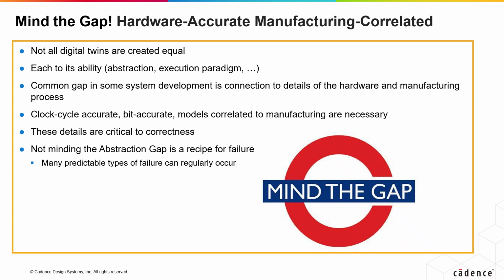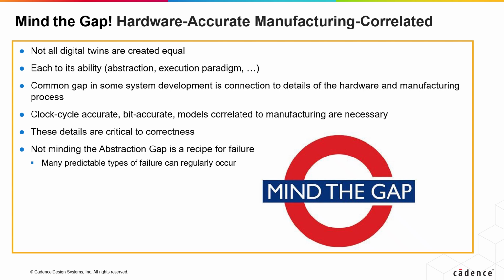Ignoring the abstraction gap between the digital twin and the physical system can lead to predictable types of failure, which can occur regularly. In fact, neglecting the abstraction gap is a recipe for failure. By not accounting for the intricacies of the hardware and manufacturing process, you risk introducing errors and inaccuracies that can have far-reaching consequences.